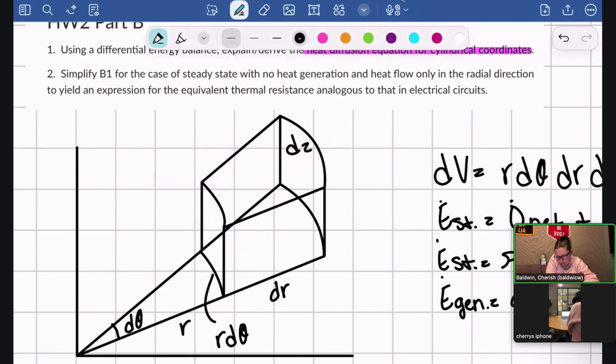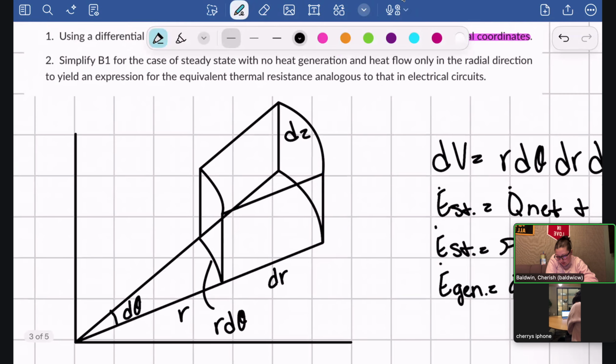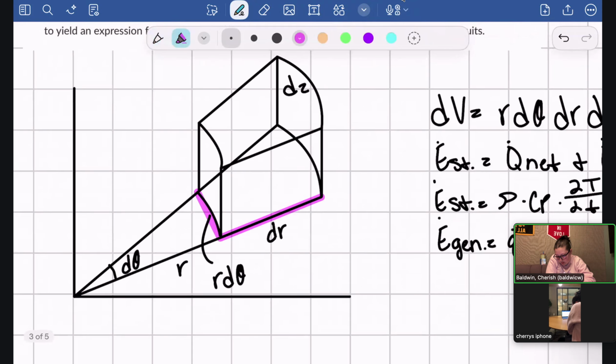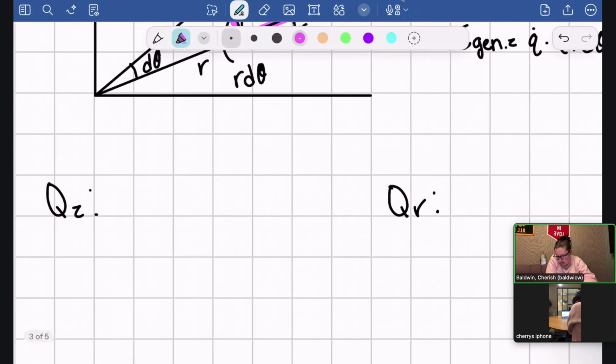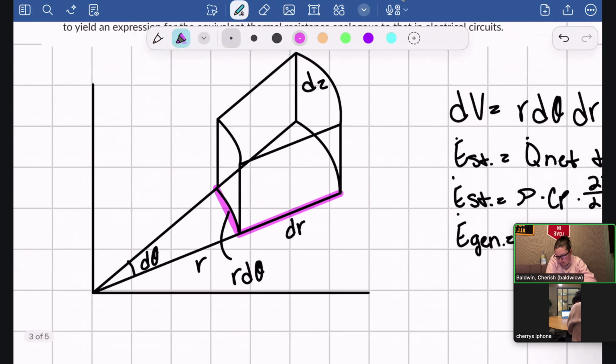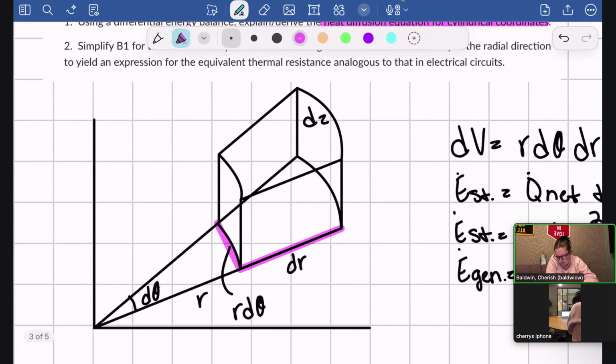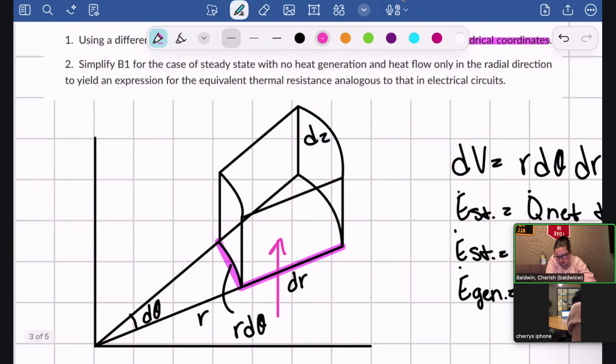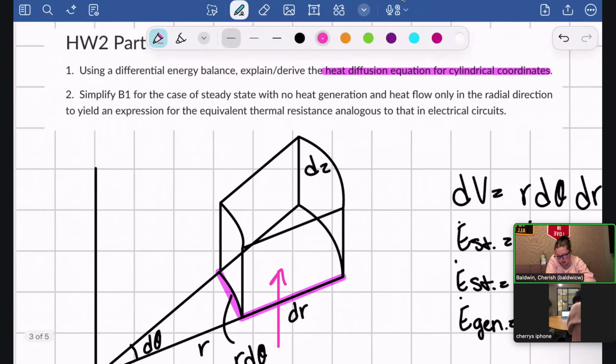Alright, so the first plane that we're going to be going through is this plane. I'm going to highlight this to stay organized. So the heat is flowing up through the bottom and out through the top.